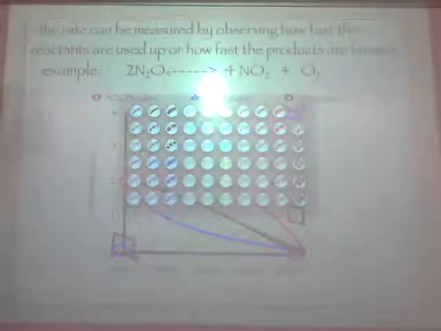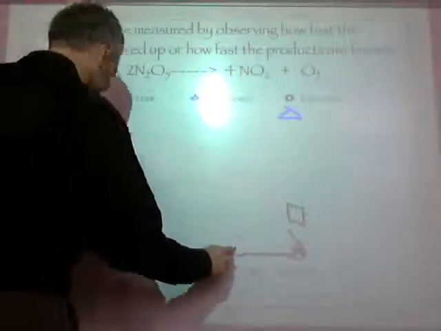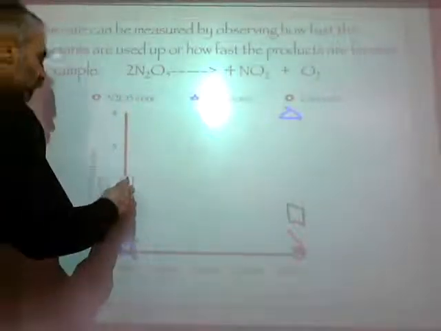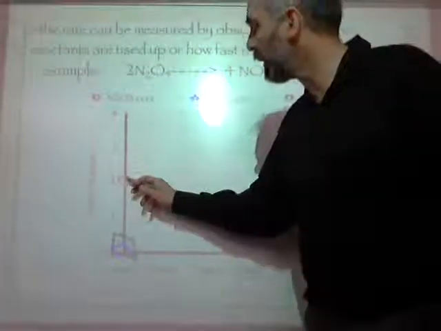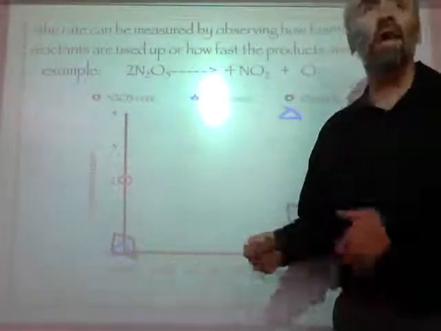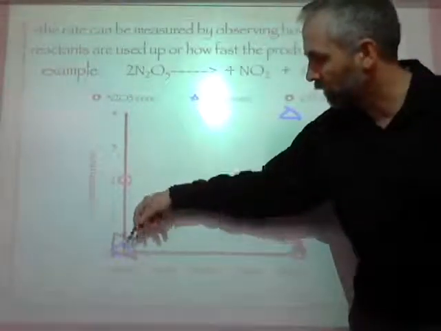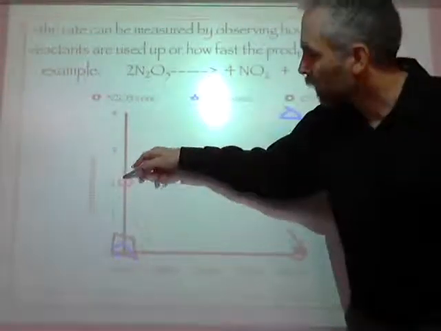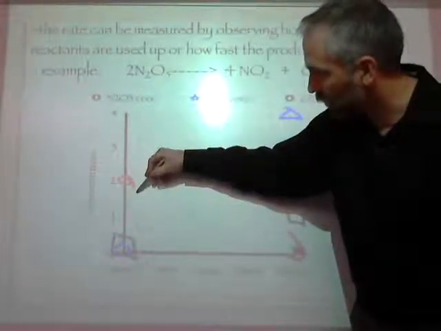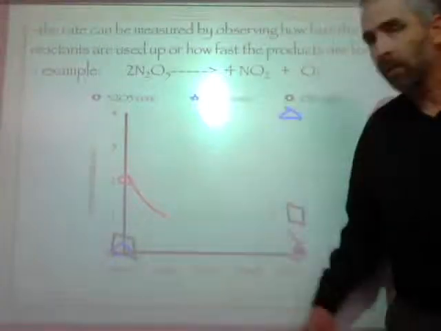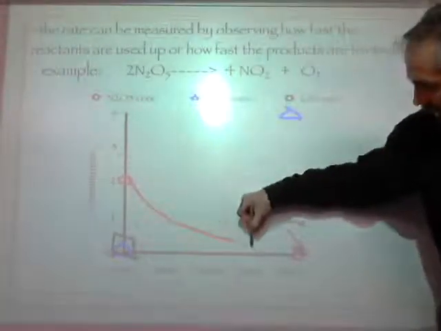Let me erase those now. Very good. So he starts at 2, and let me explain why you would know that. In the beginning, let's just say half of it gets used up. The rate's really fast in the beginning. So between time 0 and time 1, I use up half of it, so it drops that much. But then only half again for the next one, and then half, and so on.